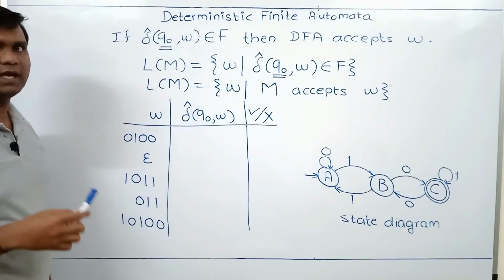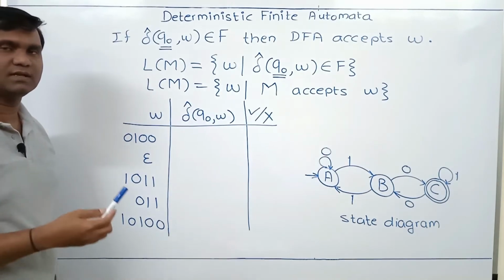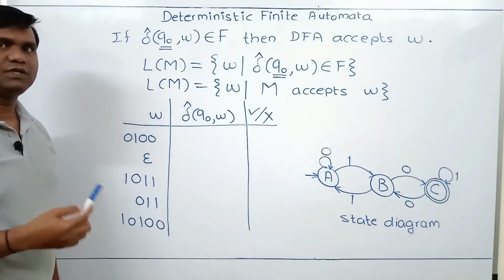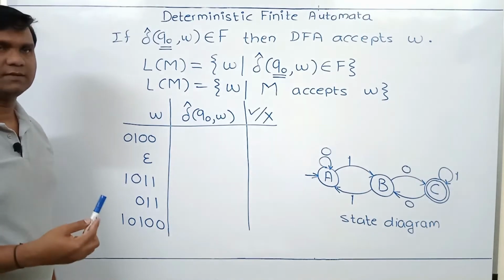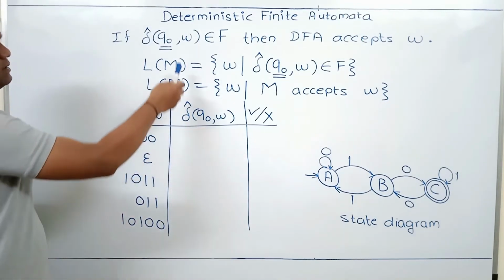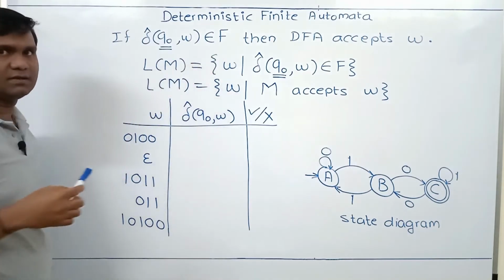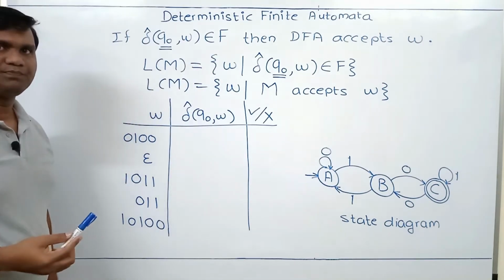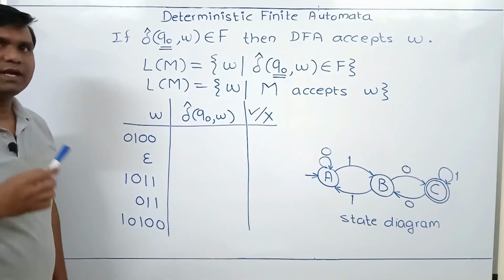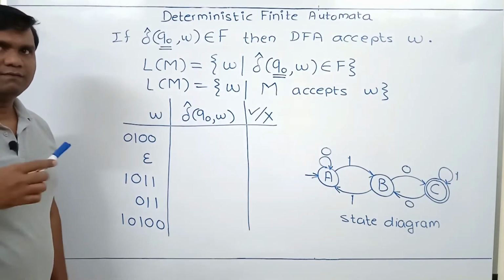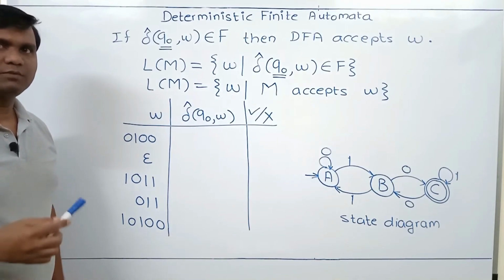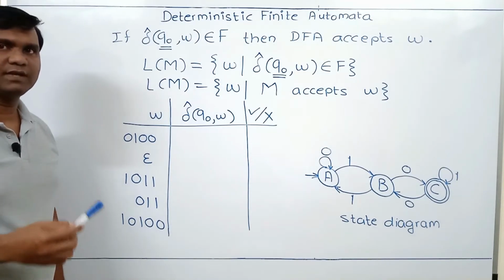Here you cannot take any other state. Here you must take q0, which is initial state or start state. And second part is that you check whether the processing ends in final state after completely processing w. You cannot take decisions somewhere in between. First you completely process string w and then check whether you have reached final state.